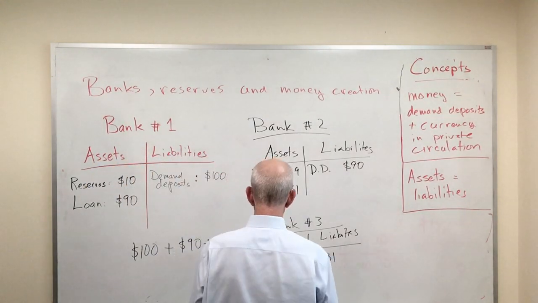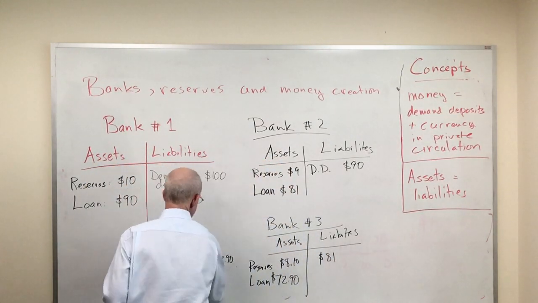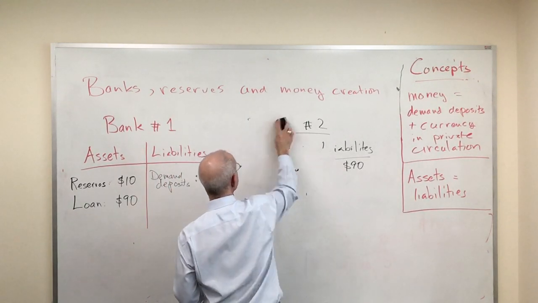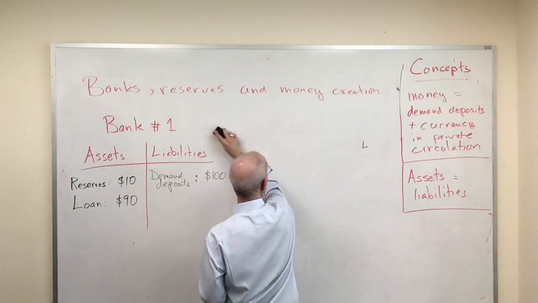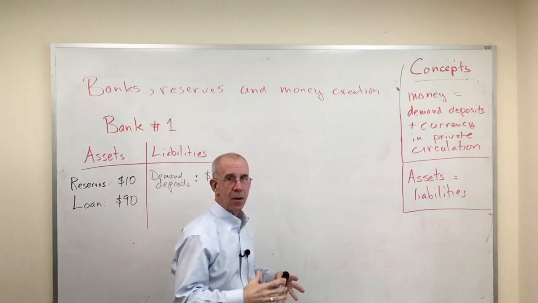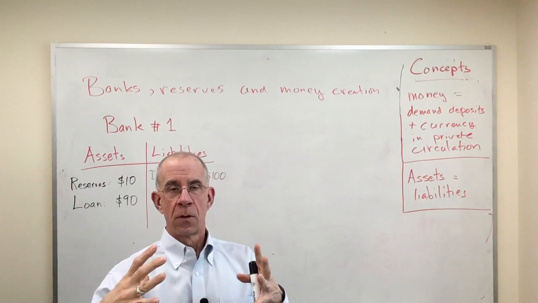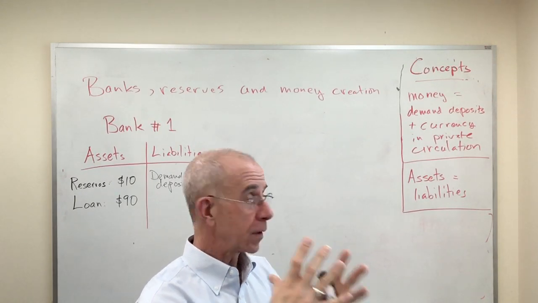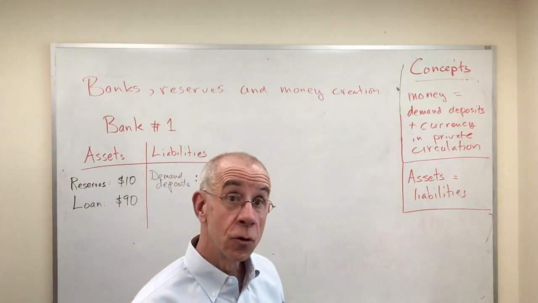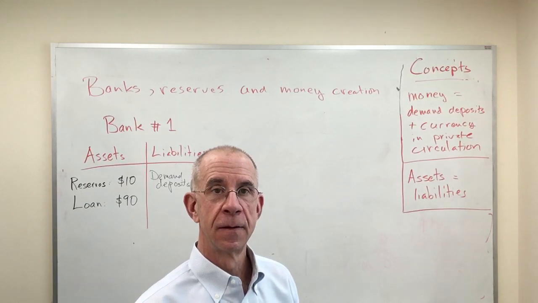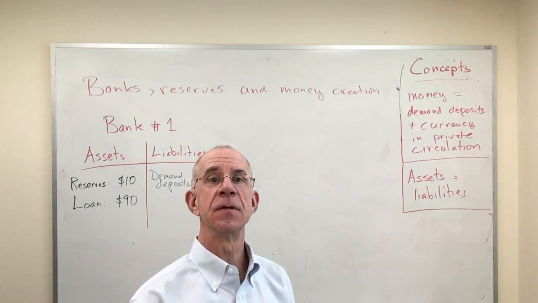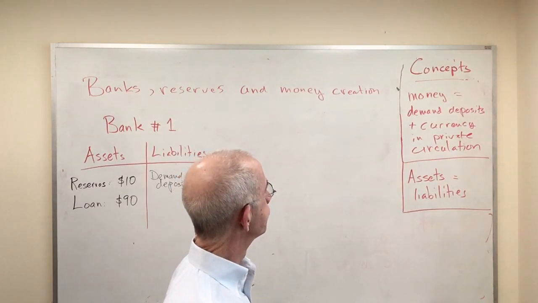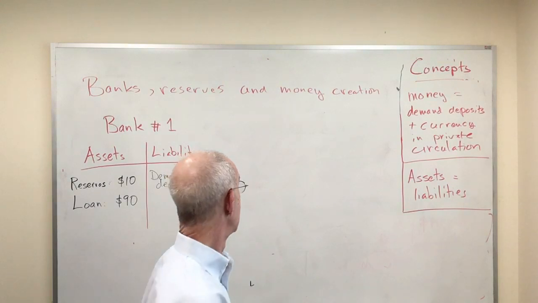Now, as it turns out, without going through all the math, there's a way to think about how much money can be in circulation for a given amount of currency based on the differences in the amount of reserves that banks hold.